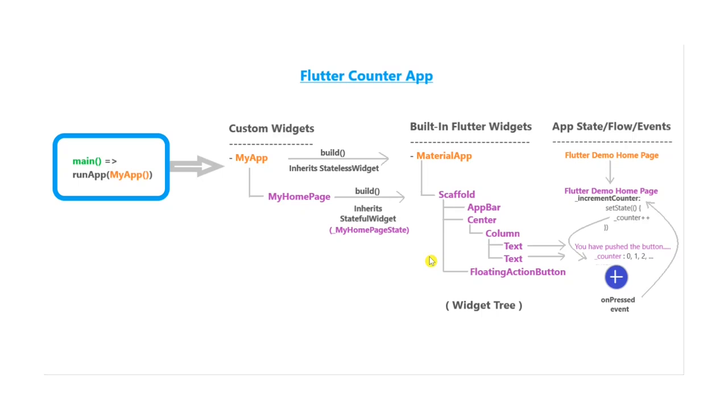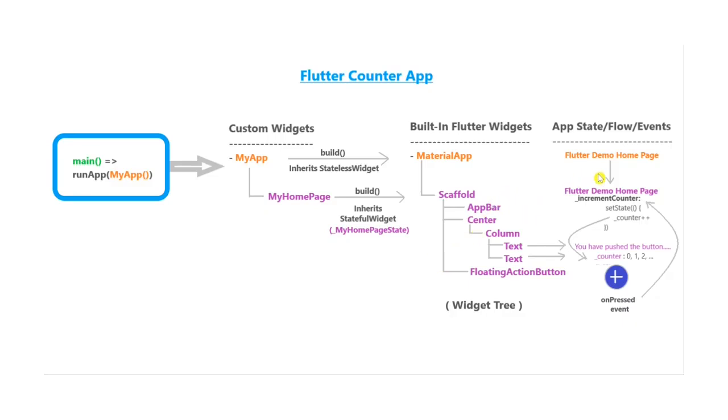The render object tree has the actual UI elements that get painted on the screen in the viewport, and the element tree does the mapping between the state in the widget tree and the corresponding render objects in the render object tree. We'll only be covering widgets here. We won't be covering the other two trees because typically developers deal with the widgets at the high level. That is about the widgets.